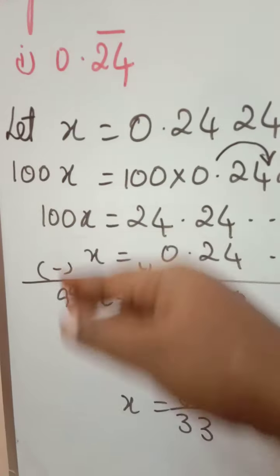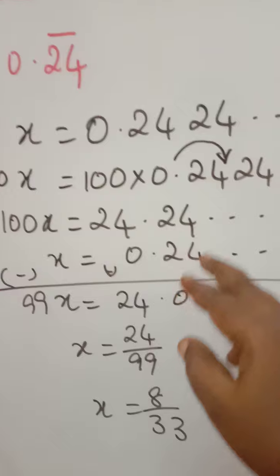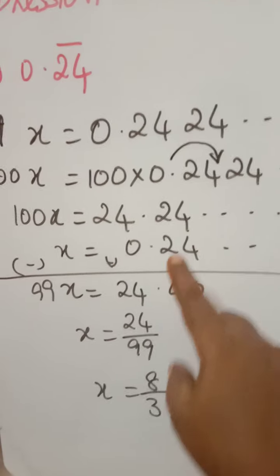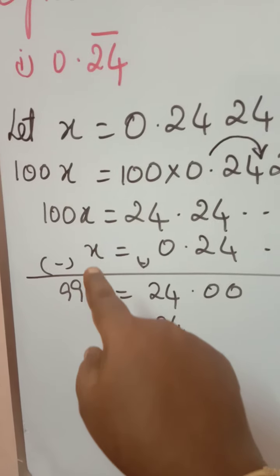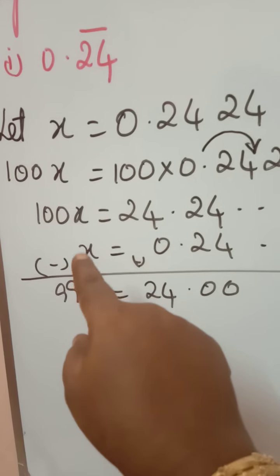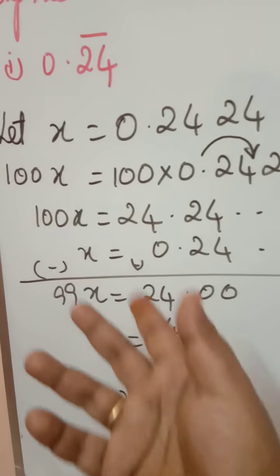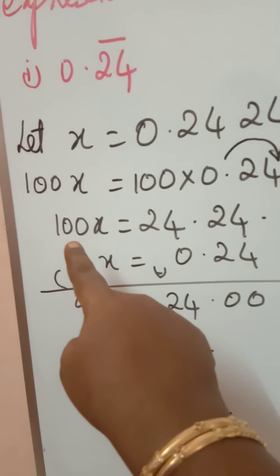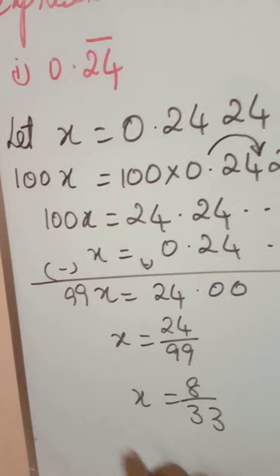Now again write x here, 0.2424. Once you write 24, that is enough here. Next we have to subtract. 100x minus x: here nothing is there before x, that means the coefficient is 1, so write x as such and subtract the coefficient alone. 100 minus 1, 99.